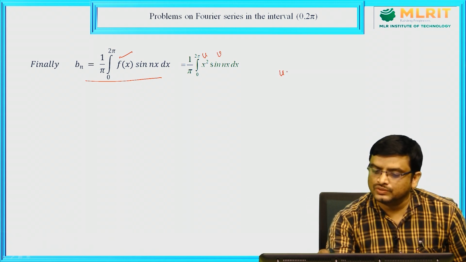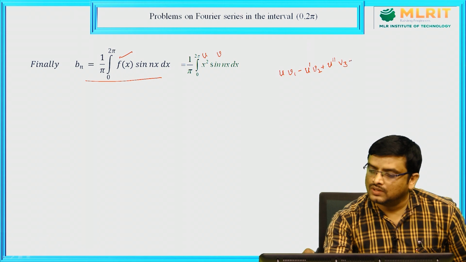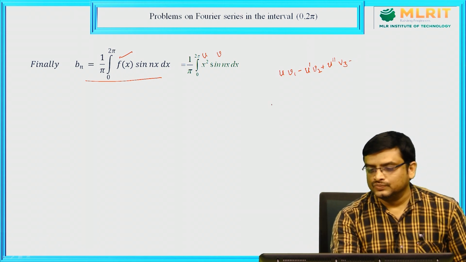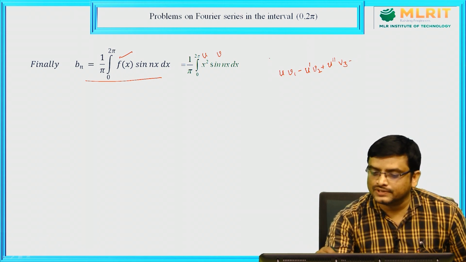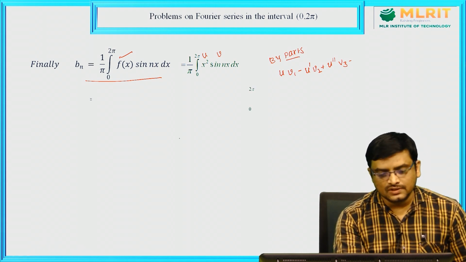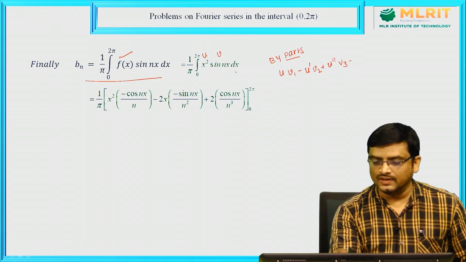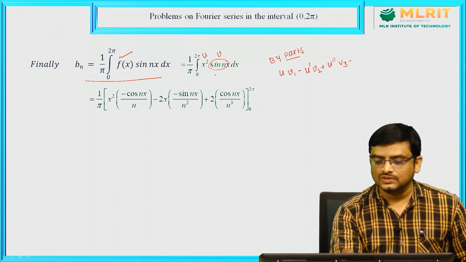u into v1 minus u dash into v2 plus u double dash into v3 minus and so on. So this is integration by parts, applying the integration using the concept of by parts. Follow the same procedure, you will get u, that is x square, into v1, that is the integral of this sin nx.